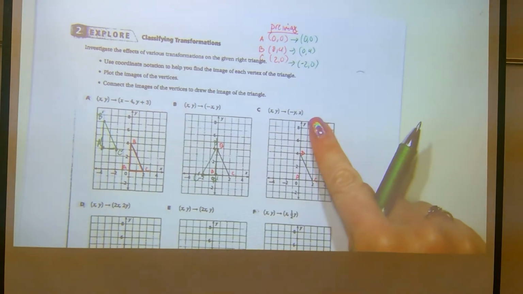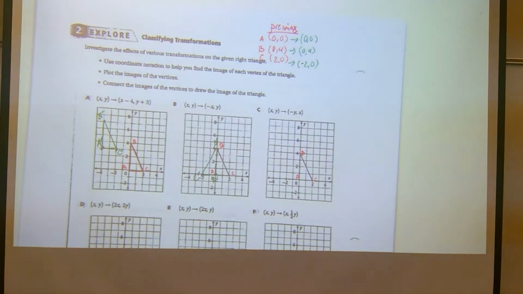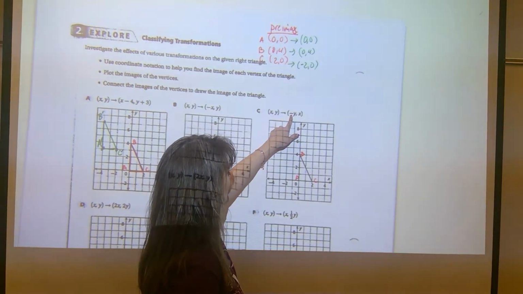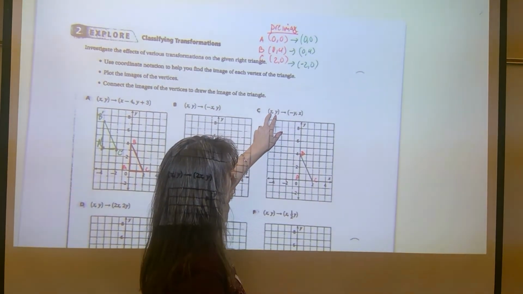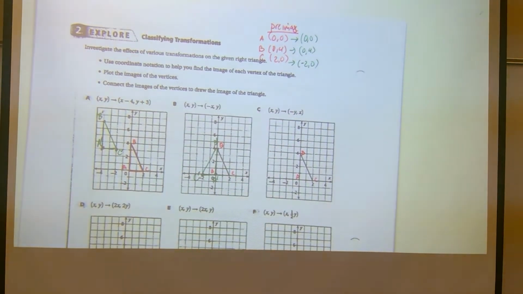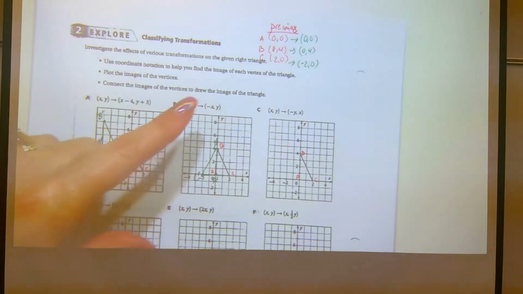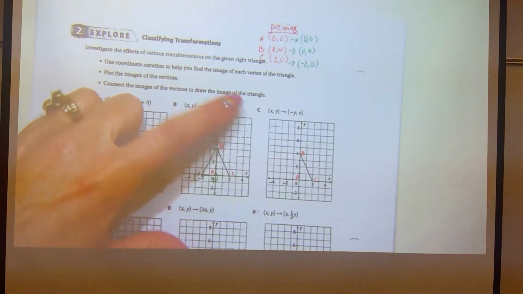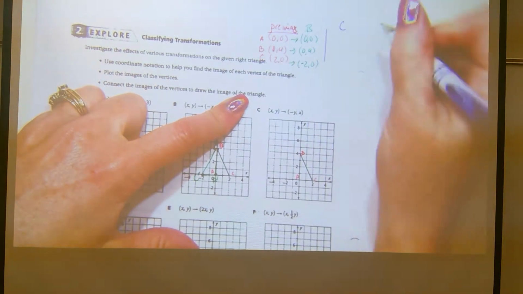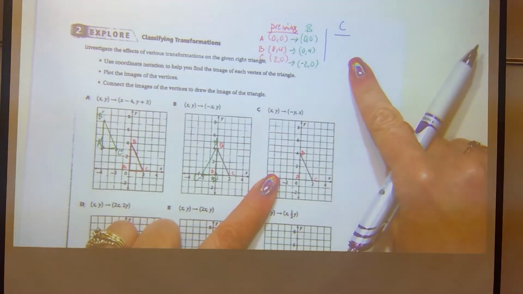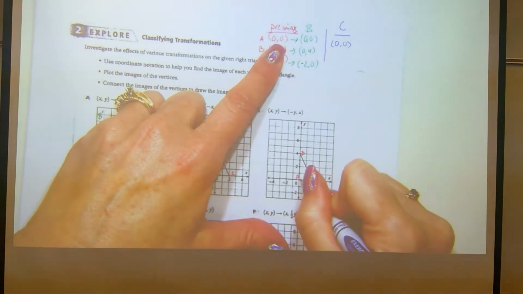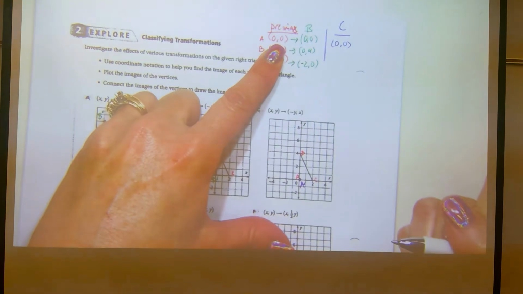Look what happens with this transformation. Transformation C, I am switching the coordinates and changing the algebraic sign of y. So I start with (x, y), I switch them, and I change the sign on what was y. So this was transformation B, now we're going to do transformation C. I'm going to start with (0, 0), well it just stays (0, 0), so A prime stays where it is.